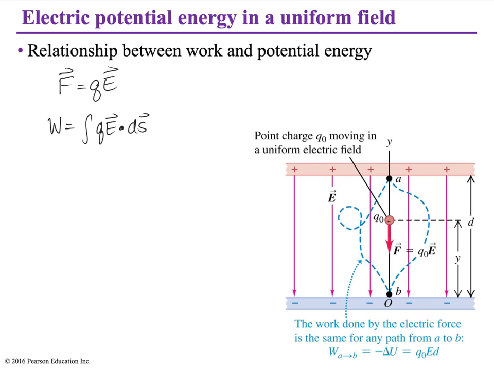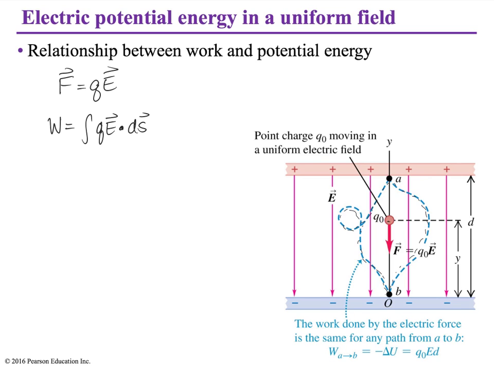Now, because of the dot product, only the displacement in the direction of the electric field is going to contribute to the work. And that's why when we're looking at these dotted lines for the possible paths of the particle as it moves from point A to point B, it doesn't really matter that it goes through the curvy path.